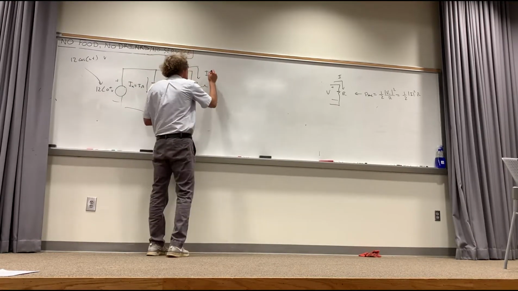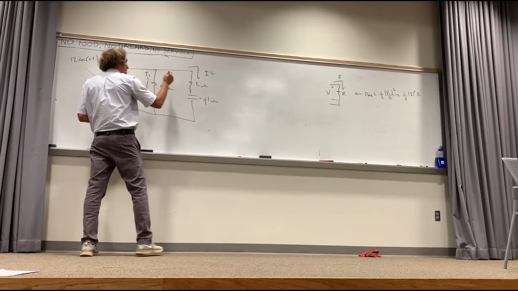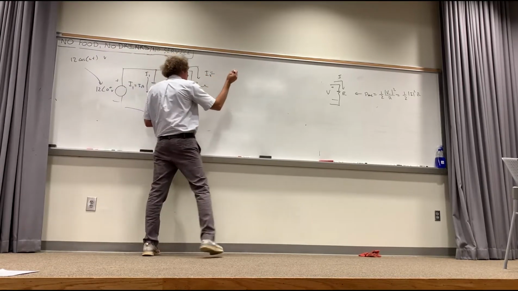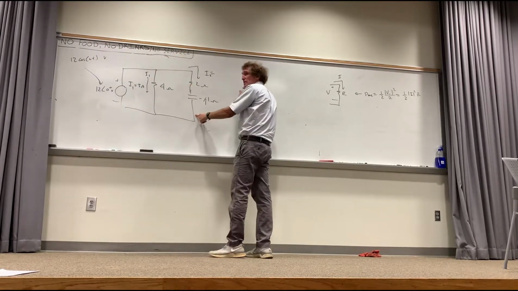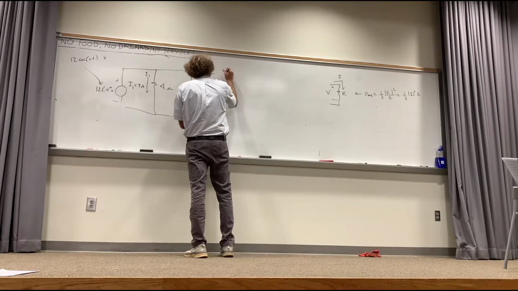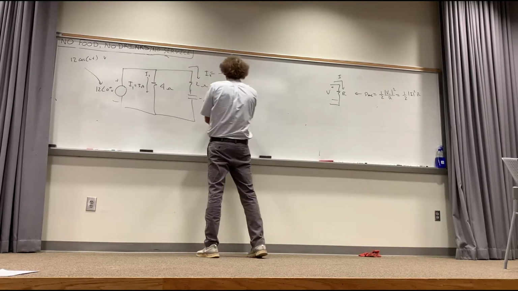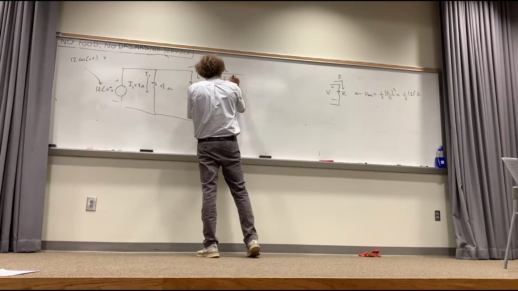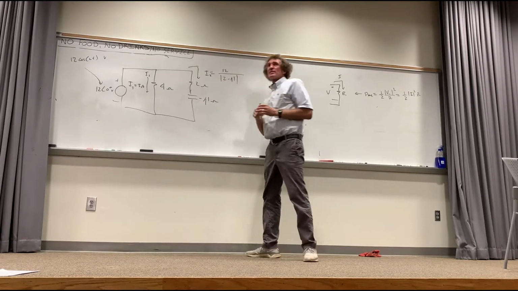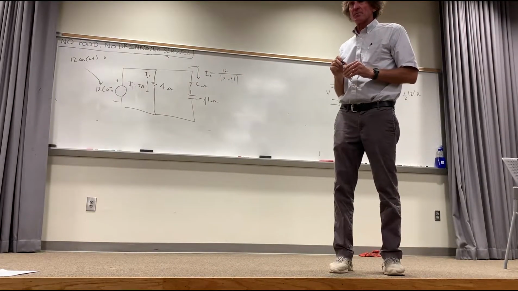For that one, we can call this I1, right here, I1. What's I2? Well, same voltage, right? Please watch this. Do you agree with me? 12. Well, what am I dividing by? 2 minus J1. I put down a magnitude, 2 minus J1. That will give me the magnitude of the current. You only care about magnitude. Got me on this one?